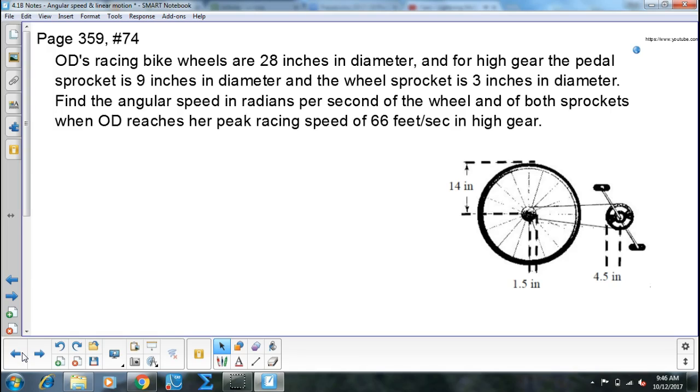Okay? Which, if you found 3 of them, you would have found that 2 of them were identical. Okay? So let's start with the wheel and the wheel sprocket, since those 2 are identical.